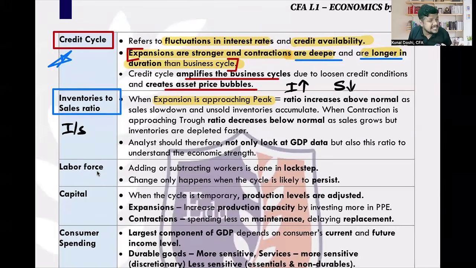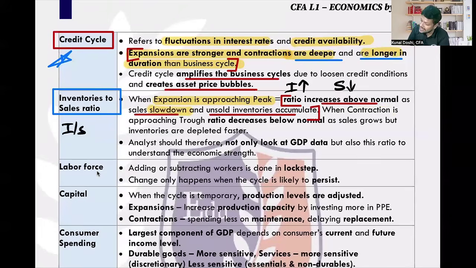And even if the sales are at the same level, what is happening? You have started accumulating the inventory. That is a sign that you are unable to sell the inventory. So the ratio increases above the normal, and that's a sign of economic slowdown. So friends, when the inventory to sales ratio is above normal, that means we are in a slowdown.